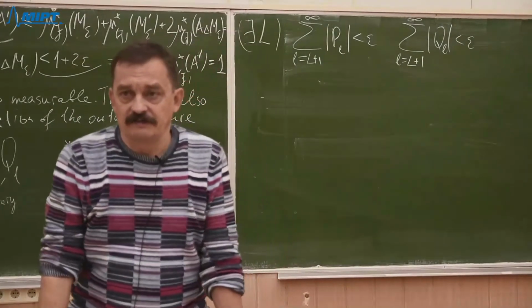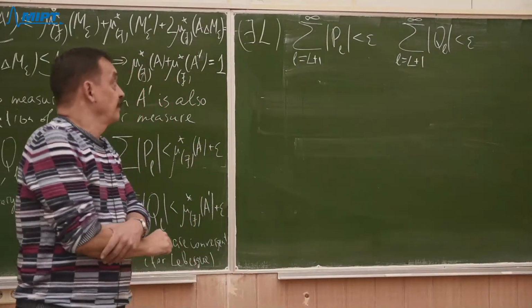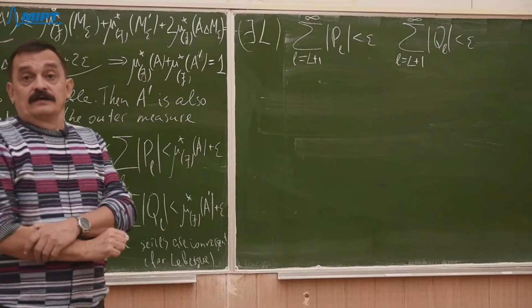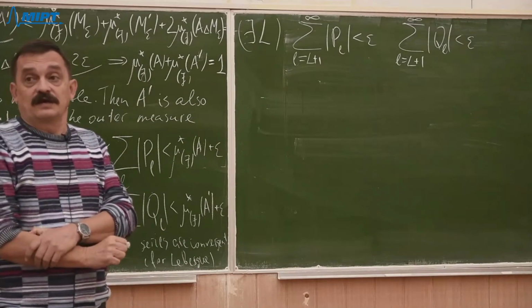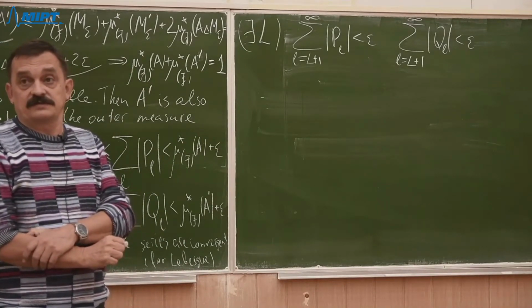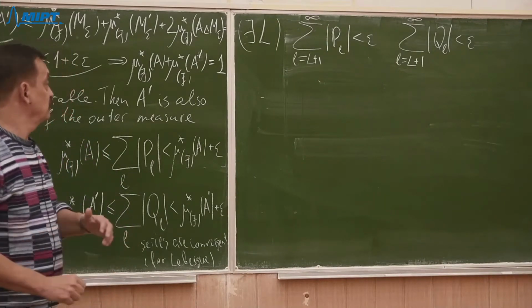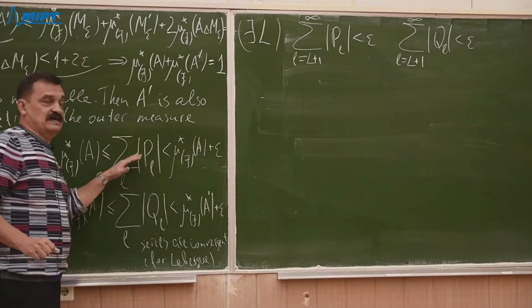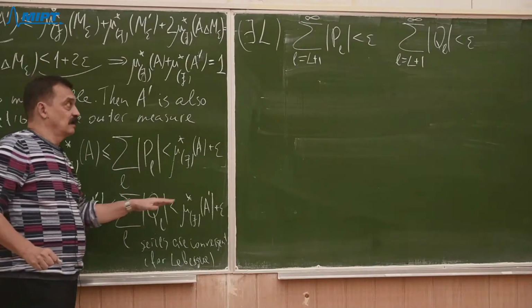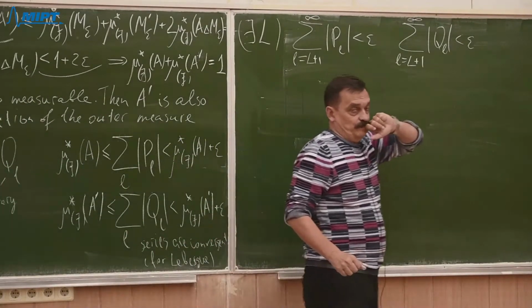Then look what happens. The remainders of those two series are sufficiently small.